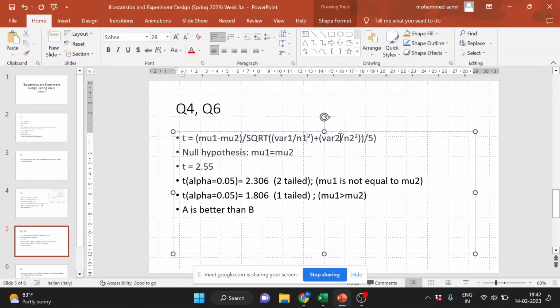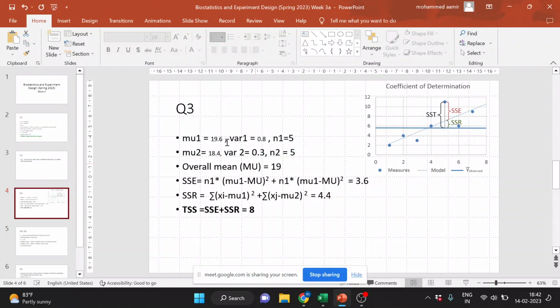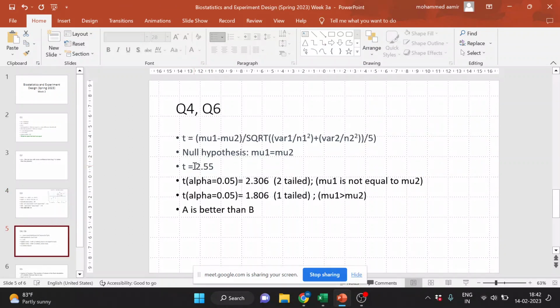Variance is nothing but sigma squared. If you square a standard deviation, you get the variance. Your null hypothesis is mu1 equals mu2. If you substitute all the values that you have here into this formula, you get t equals 2.55.